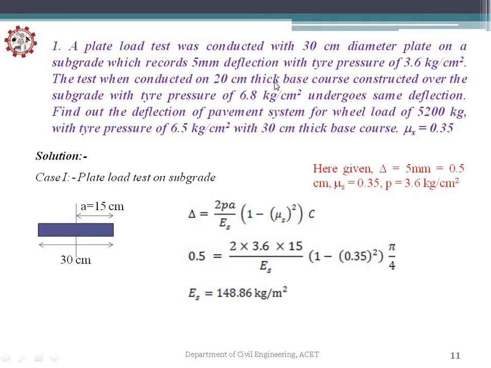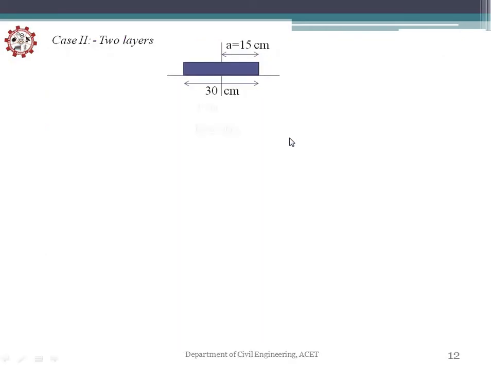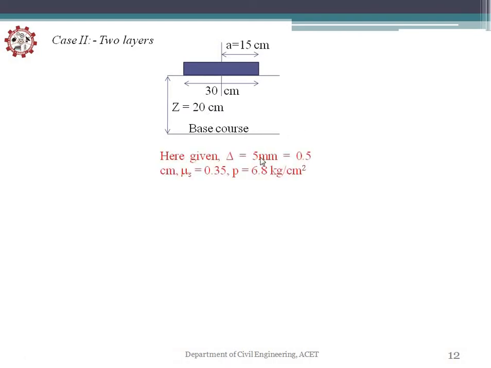This is your second condition where tire pressure is 6.8. So in that condition we have the thickness of 20 centimeter base course. So here we are given delta again 0.5, mu 0.35. Now here p is changing to 6.8.